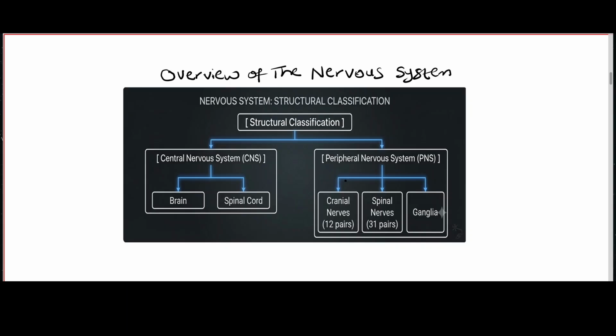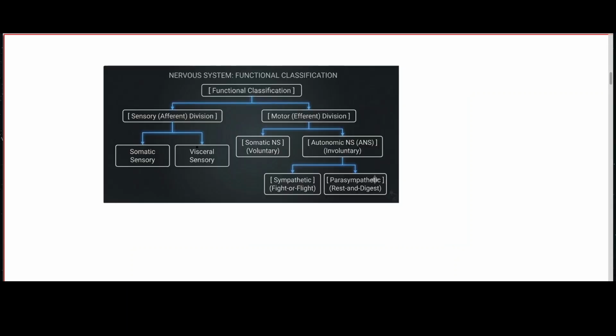Now, the peripheral nervous system functionally can be divided into the sensory division or the afferent division, and the motor division or the efferent division. So this is the peripheral nervous system and its functional classification into the sensory division and motor division.